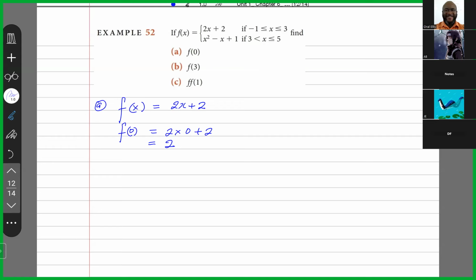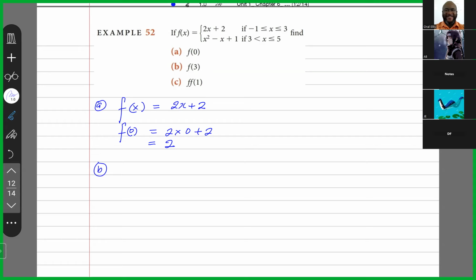Next, we're asked to find f of 3. Now, notice that when x is equal to 3, f of x is defined as 2x plus 2 as well, because f of x is equal to 2x plus 2 when x is less than or equal to 3.